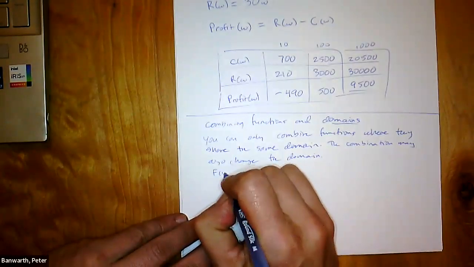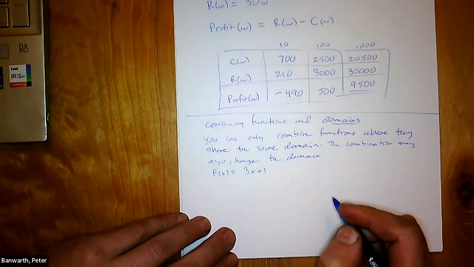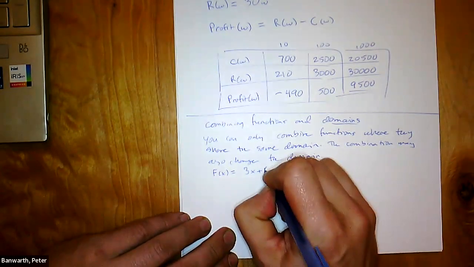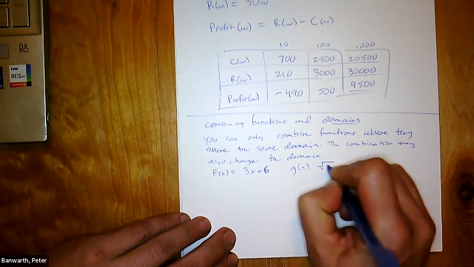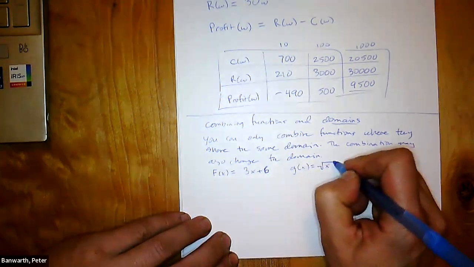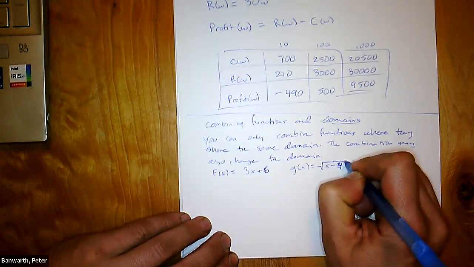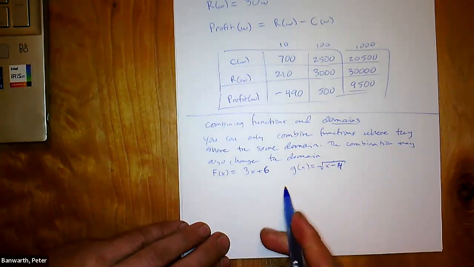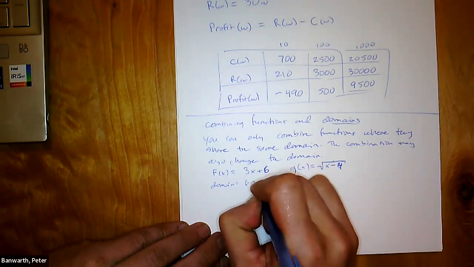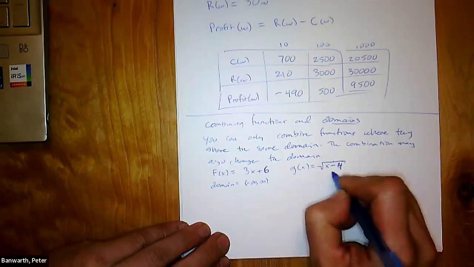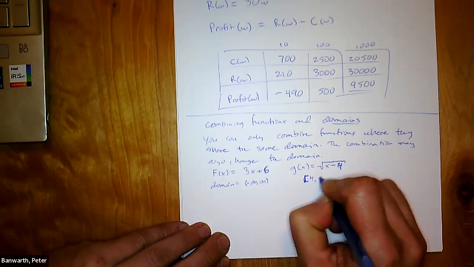Let f of x be 3x plus 6. And g of x is going to be the square root of x minus 4. Okay. So the first thing you might do is say, what's the domain of each? So this domain is all real numbers. This domain is square bracket from 4 up to infinity.